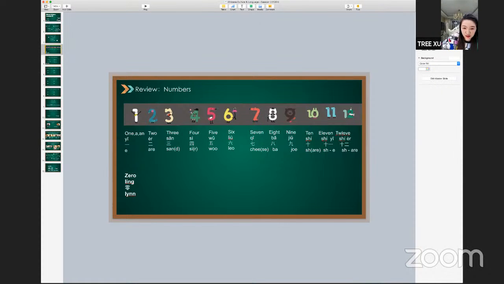Let's move on to the next test. We already know the quiz answer, but can you read these numbers?